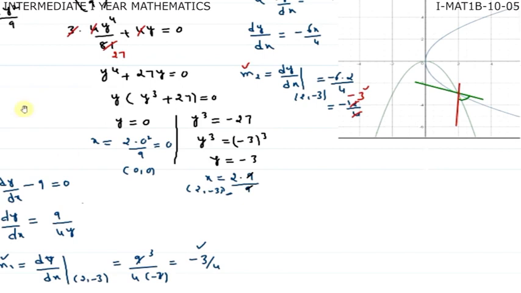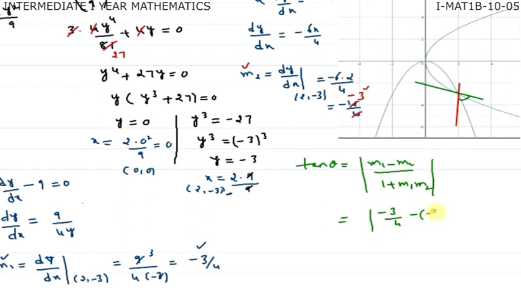So tan theta is equal to mod m1 minus m2 divided by 1 plus m1 m2. m1 means minus 3 by 4, m2 means minus 3, divided by 1 plus m1 means minus 3 by 4 into minus 3.